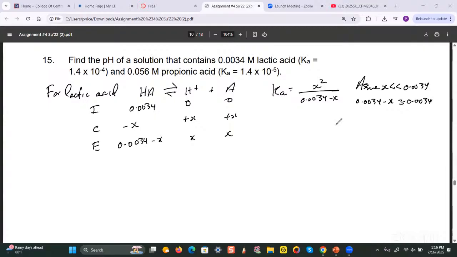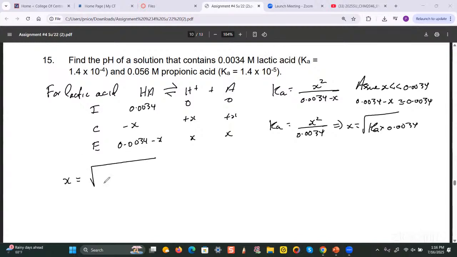So that simplifies this equation to give Ka is equal to X squared over 0.0034, which means that X will be equal to the square root of Ka times 0.0034. So Ka is equal to 1.4 times 10 to the minus 4 multiplied by 0.0034.